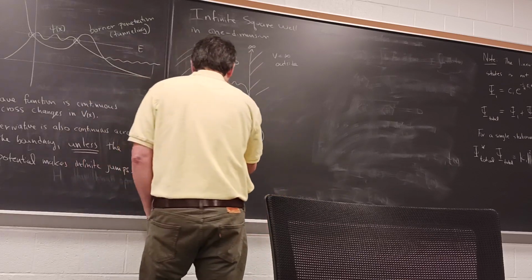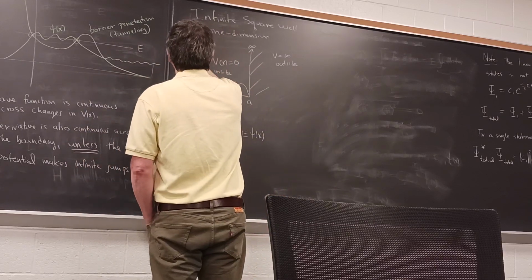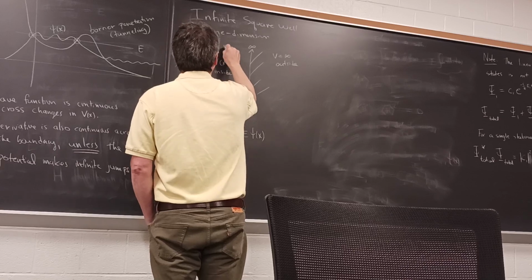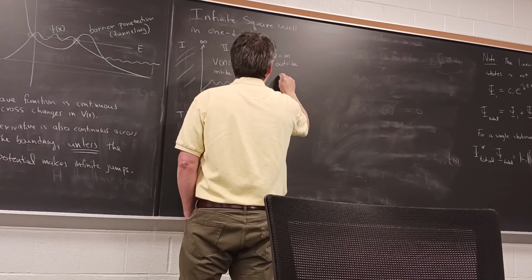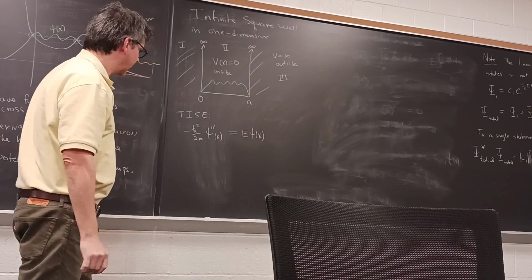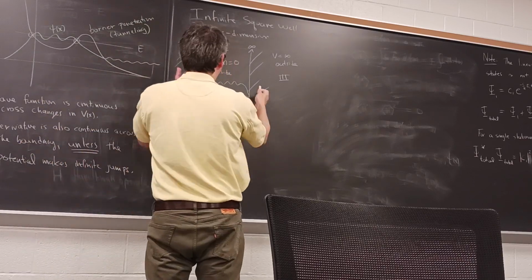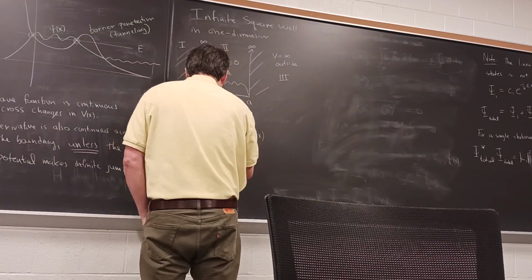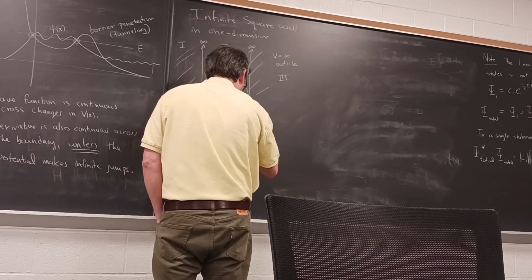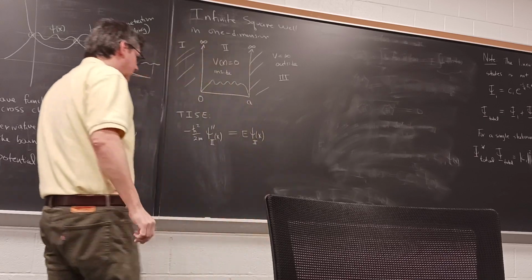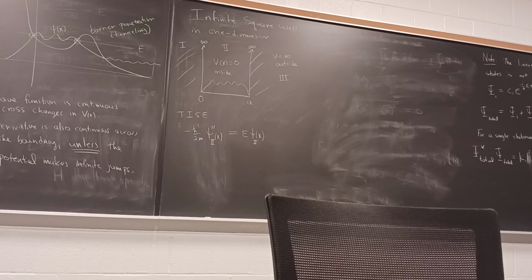Let's call this region 1, region 2, and region 3. We're going to do several different variants of this, so that's why I'm labeling these regions. We'll do the finite square well next.